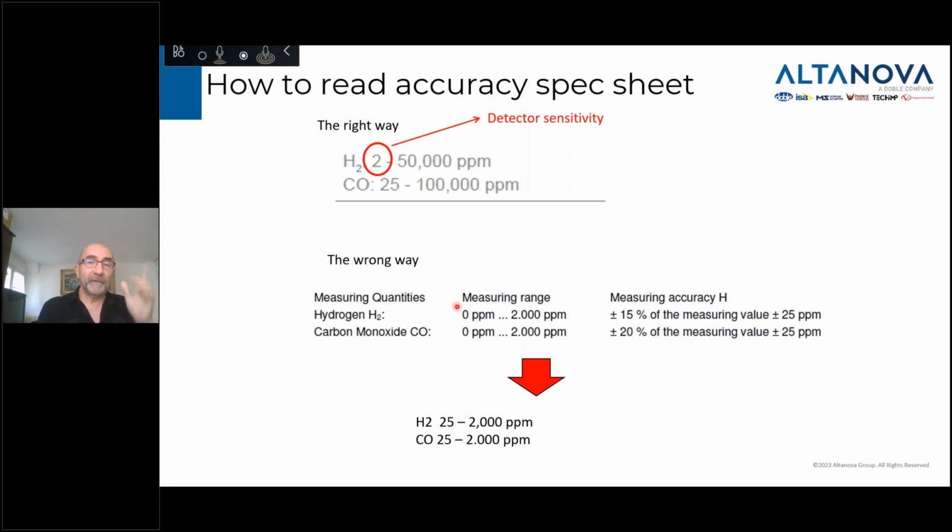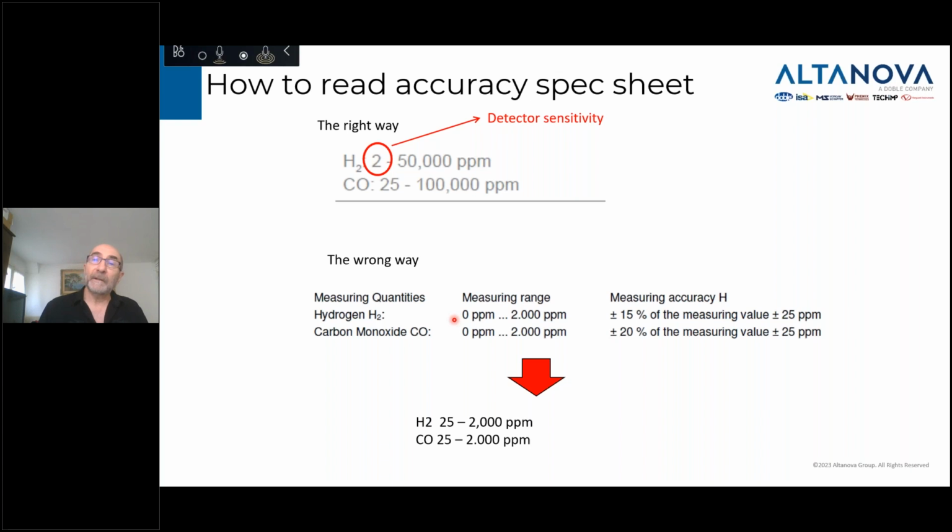Well, first, there's no detector that reads 0 ppm. It's impossible. Even the best DGA online lab equipment, GC, can measure down to 0.1 ppm. Under that, the detectors are mostly not sensitive enough. So writing 0 ppm, frankly, is not the right way to do it.